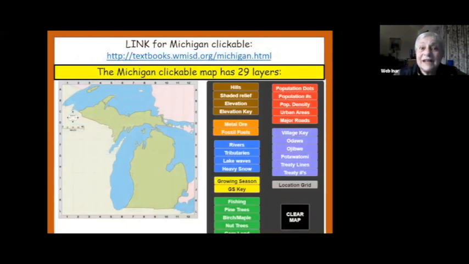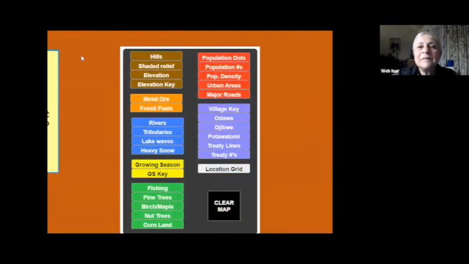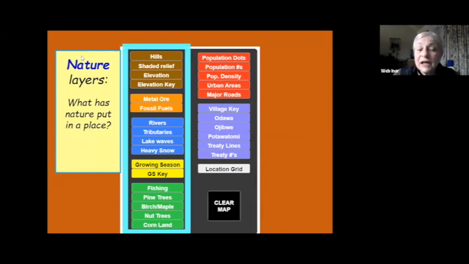It has 29 layers, and you don't want 3rd or 4th graders turning on all of them at once. So usually we model how to use this. The nature layers are basically on one side. What has nature put in place that people have used?